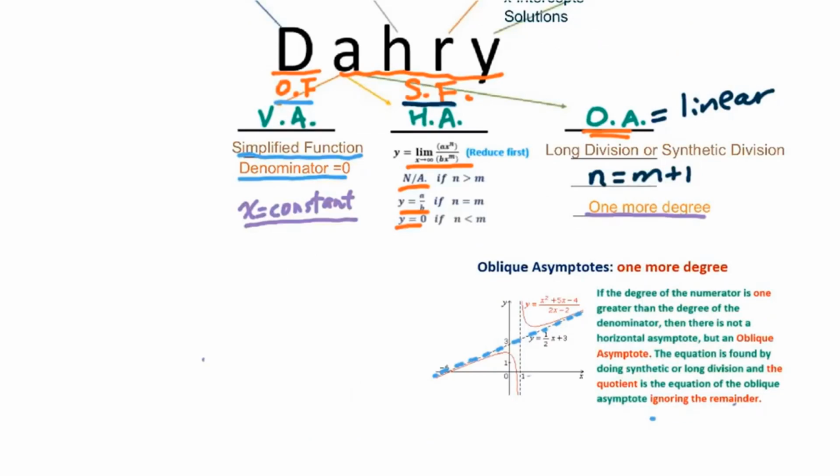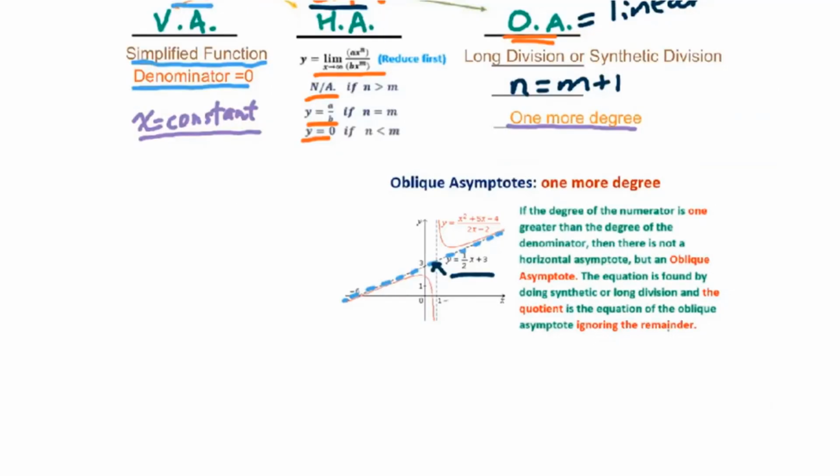For this graph of a rational function, this will be the oblique asymptote line, that is y equals 1/2 x plus 3. How did we get the oblique asymptote line for this rational function? Let's work that out.